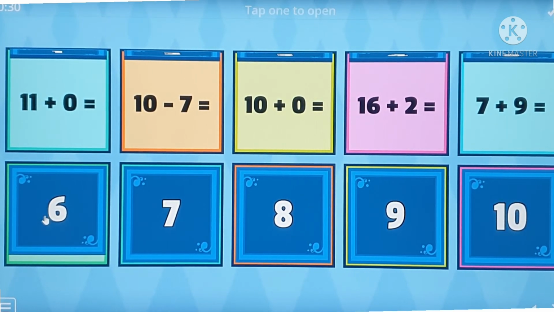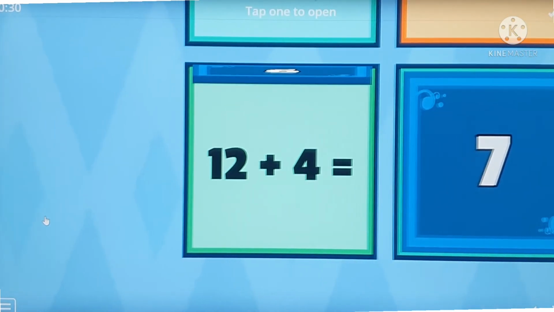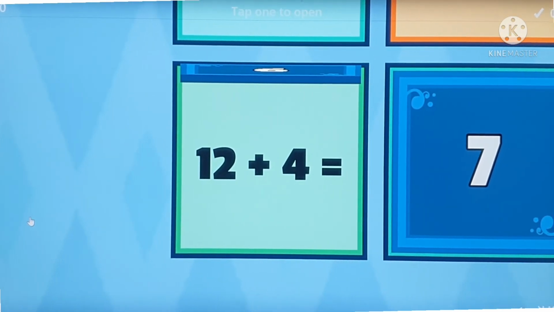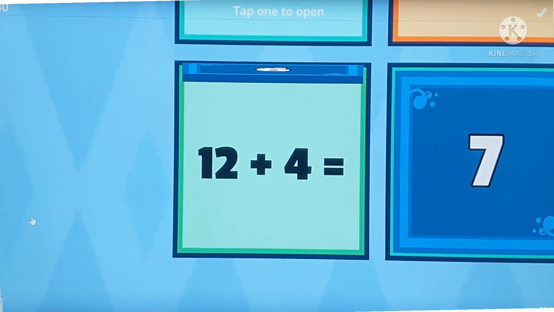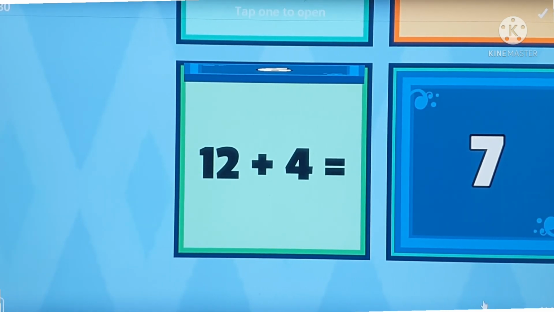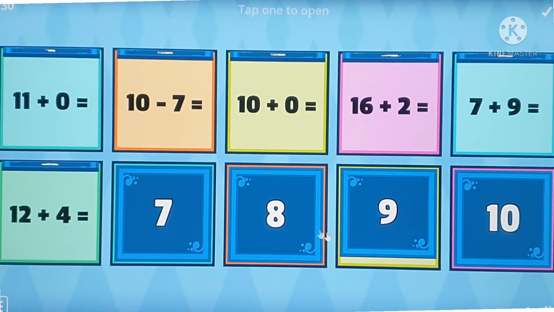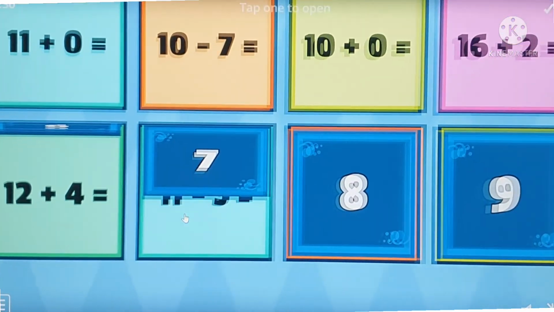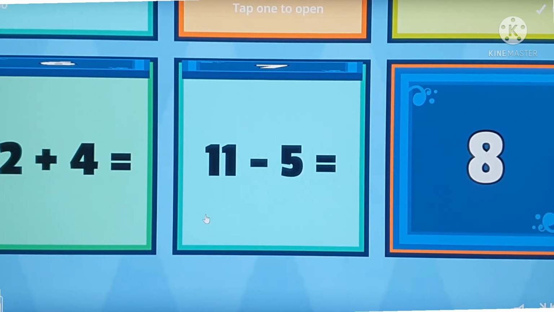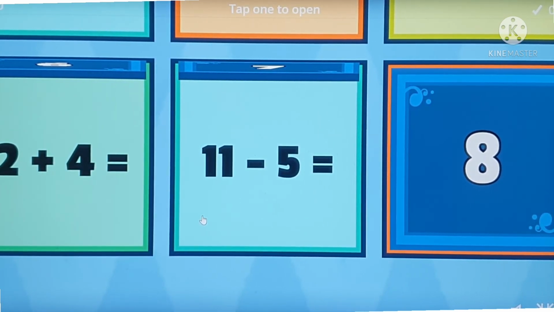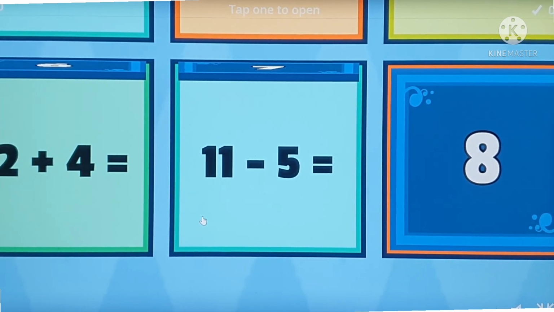Number 6. 12 plus 4 is equals to? Number 7. 11 minus 5 is equals to?